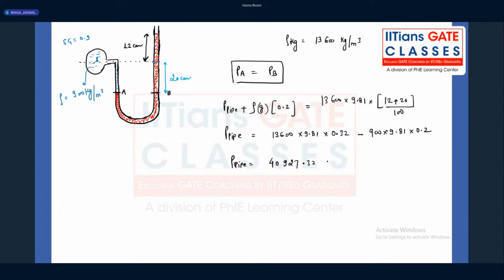This is the value in Newton per meter square. Just note down.